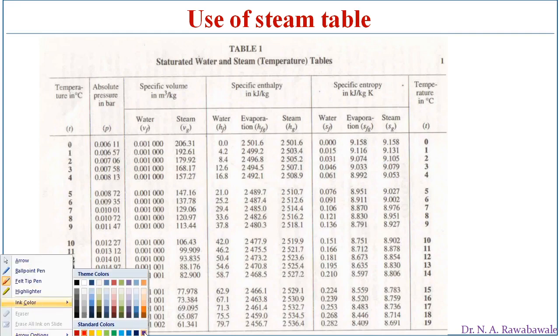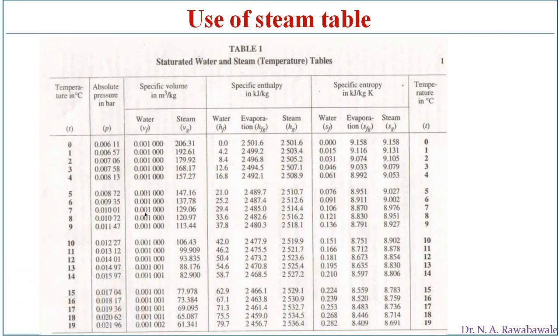So this is the steam table, saturated water and steam temperature table. In this, data is arranged in such a way that we have to find the properties of steam based on the temperature of steam or saturation temperature of steam.